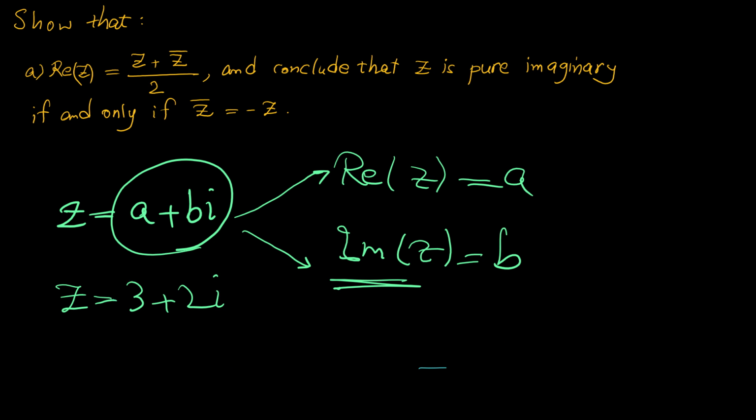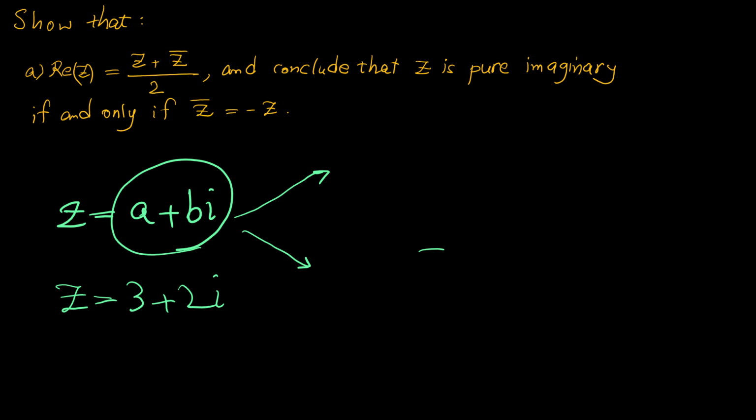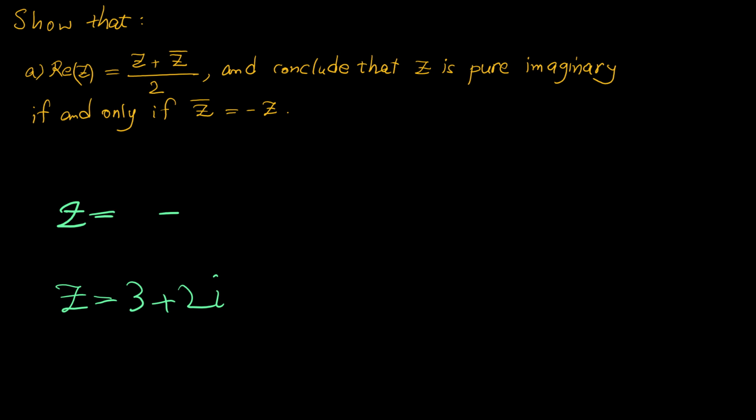Now that we are familiar with real parts, imaginary parts, and the conjugate of a complex number, let's start our proof. We want to prove that real of z is always equal to z plus conjugate of z divided by 2.